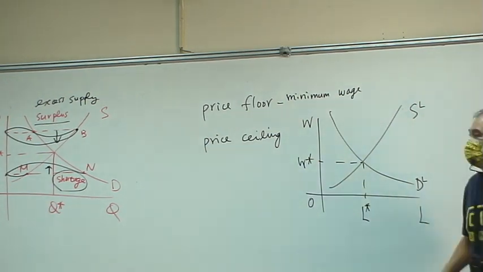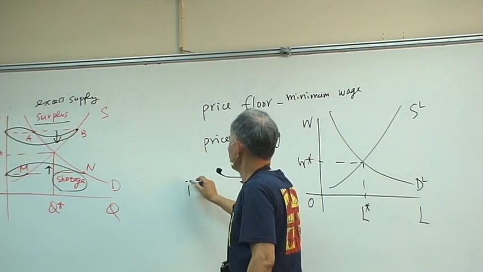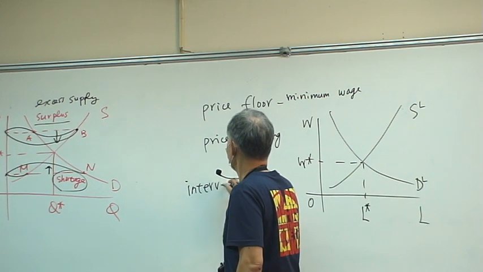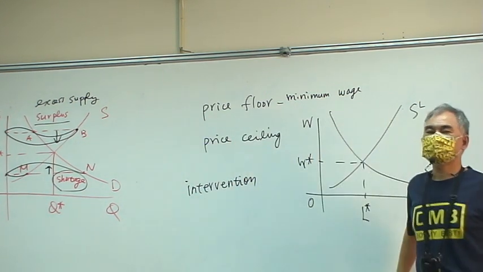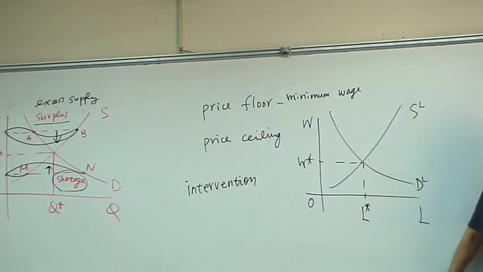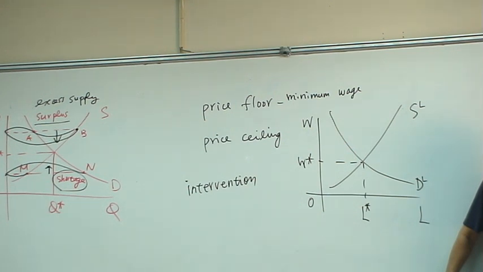So we are talking about intervention. Because sometimes the government has some ideas about the market, and supposedly they're going to do something good for people. And in this case, they're going to do something good for labor. As you know, the more you earn, the better off you are, right? And so the government wants to guarantee a certain living standard for you.